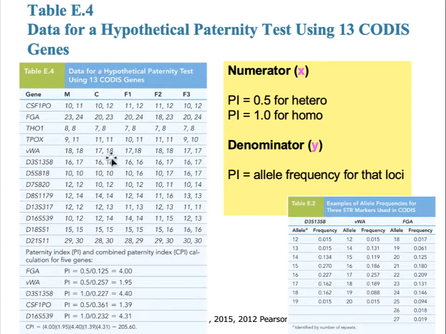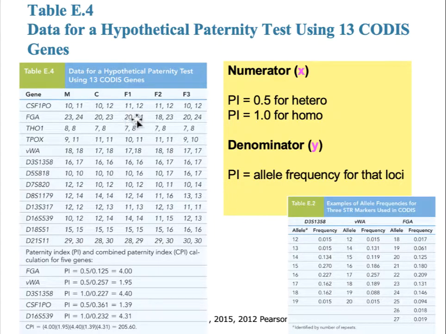The baby is 17,18, the mother is 18,18, so the 18 must have come from the mother, the 17 must have come from the father. So in F1, all we have to do is go to this table and look up 17. And you can see here that 17 has a frequency of 0.257.